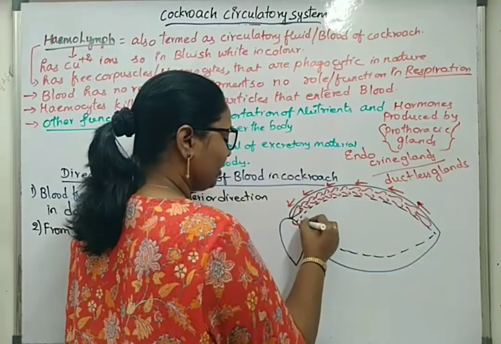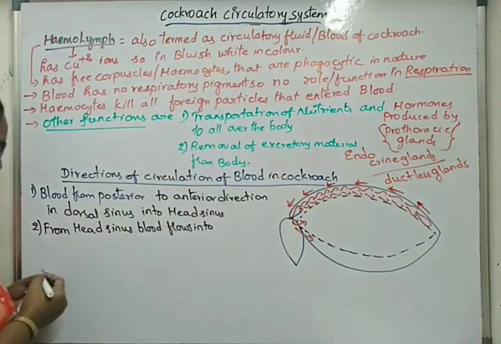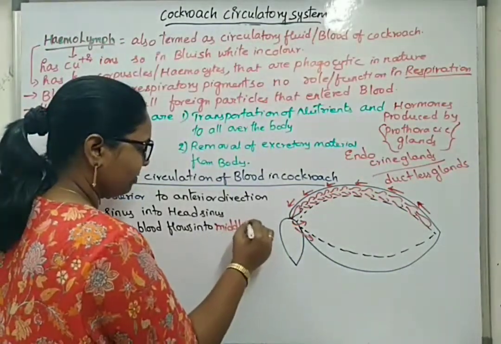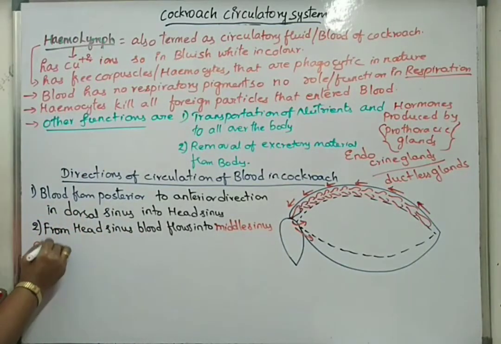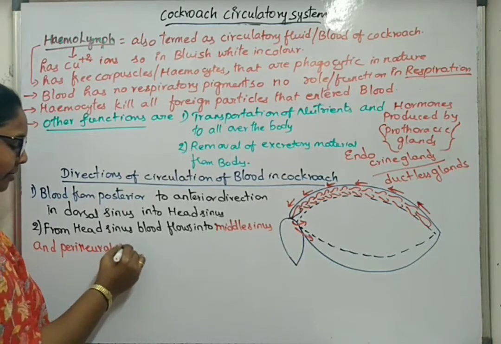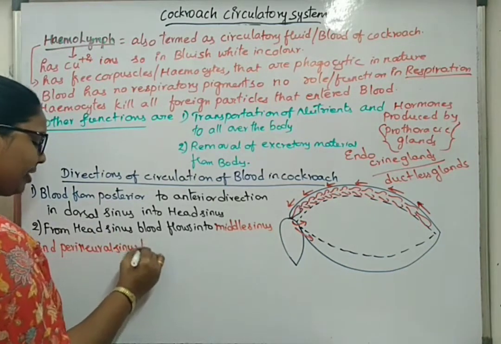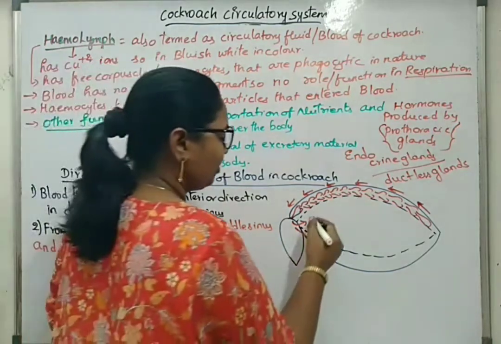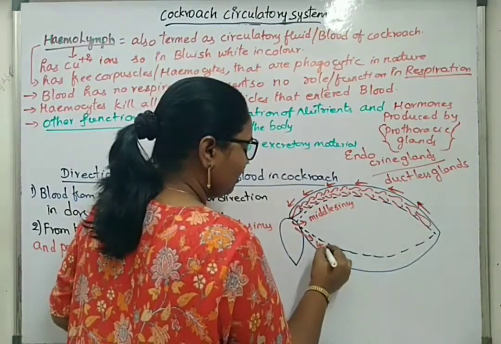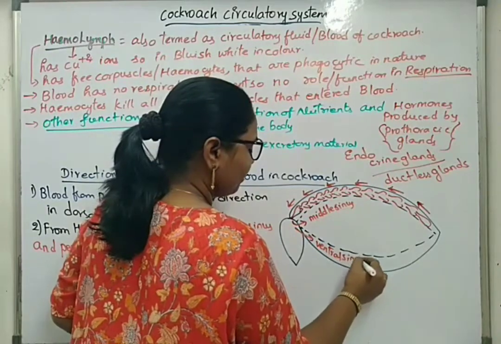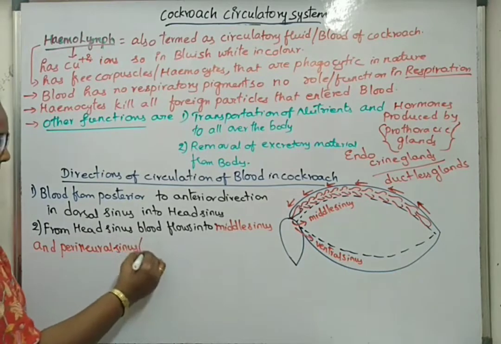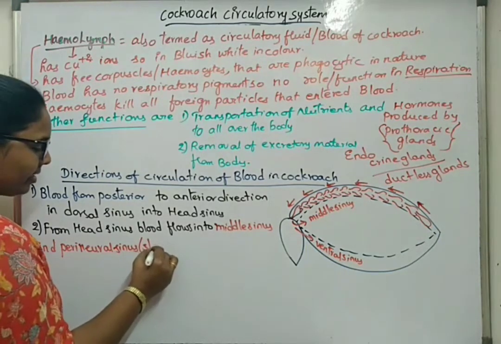From here the blood is flown into middle sinus and perineural sinus, which is also called ventral sinus. So this is middle sinus, or this is ventral sinus. Perineural sinus is also called sternal sinus.